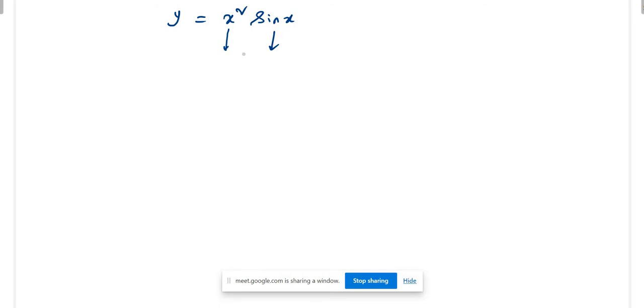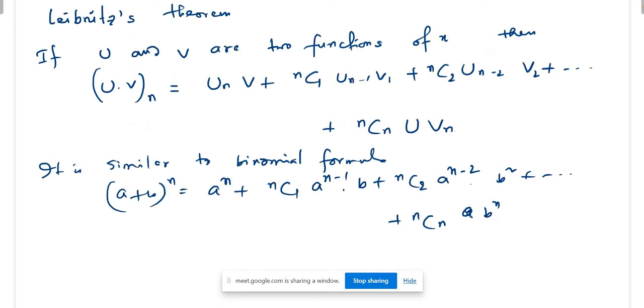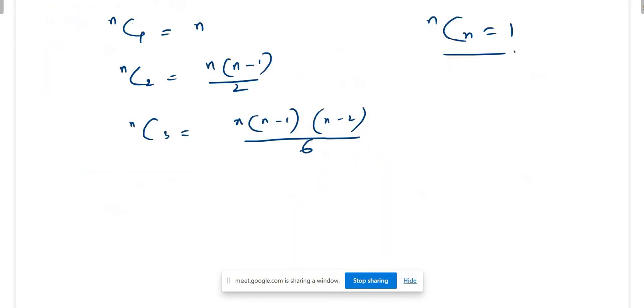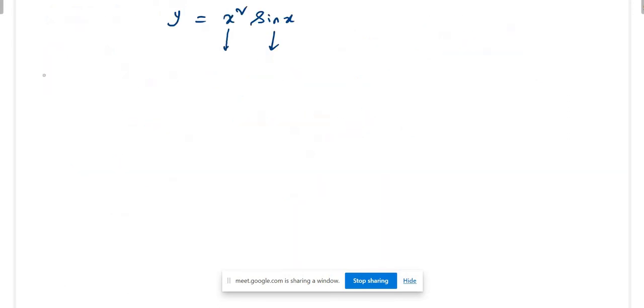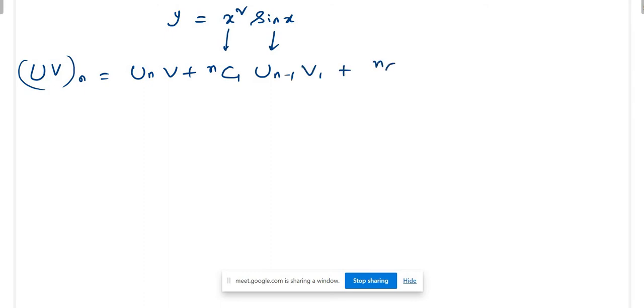So if I look back to the formula, the derivative of v is increasing, the derivative of u is decreasing. Let me write the formula again, that uv n equal to un times v plus nc1 un minus 1 times v1 plus nc2 un minus 2 v2, and this way the formula is going.